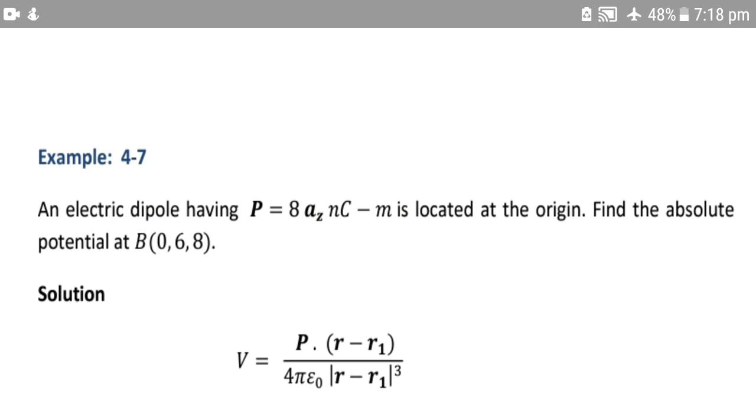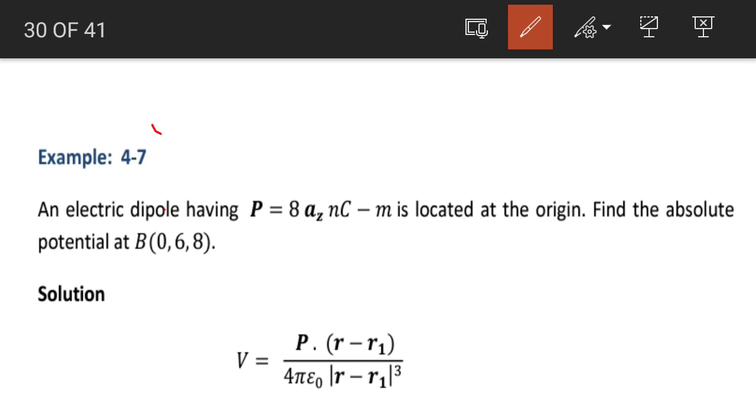We do example number 7. An electric dipole having a dipole moment of 8 AZ nanocoulomb is located at the origin. So the dipole moment is located at the origin. Find the absolute potential at B, which is 0, 6, 8, 0.